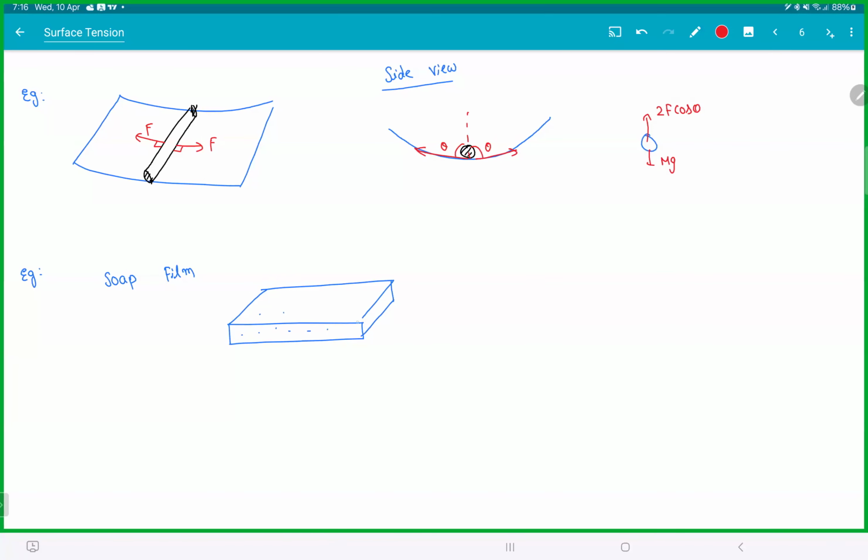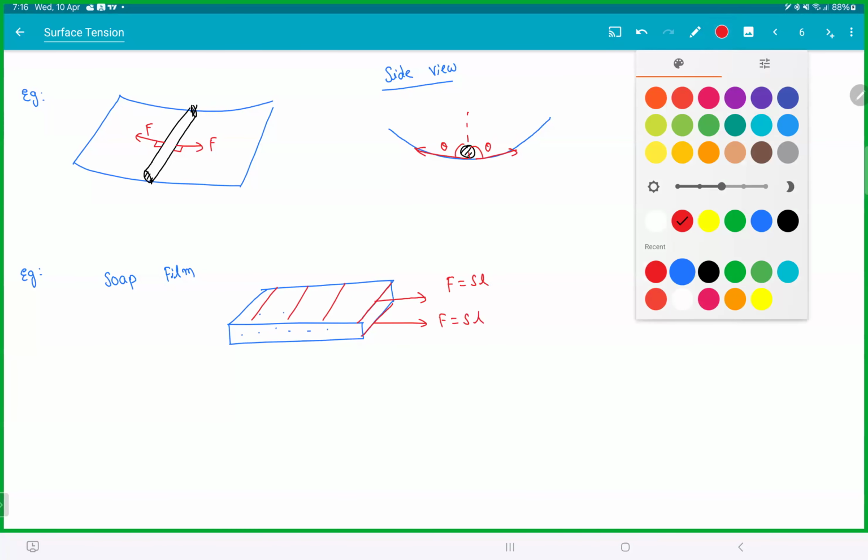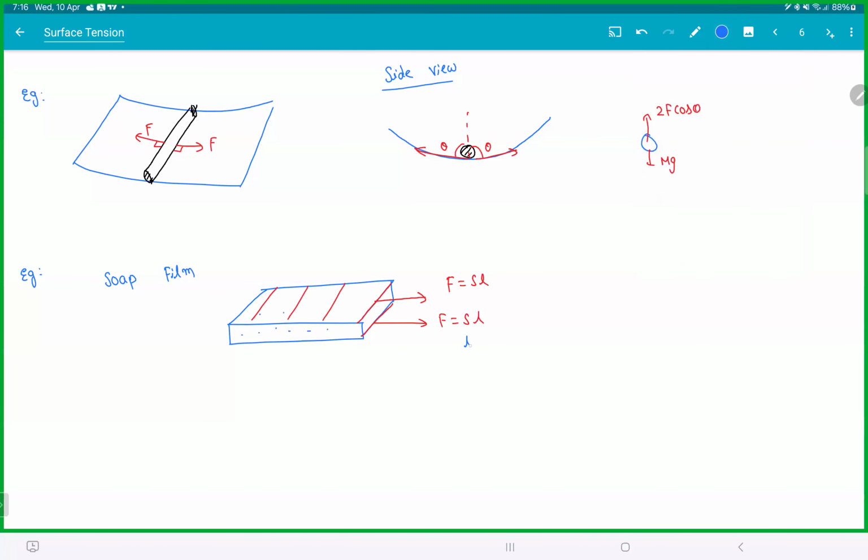So there is one surface here. So this is a surface. So there will be a force F is equal to S into L. There is one more surface at the bottom. There are two surfaces. This is due to the lower surface, that is due to the upper surface.